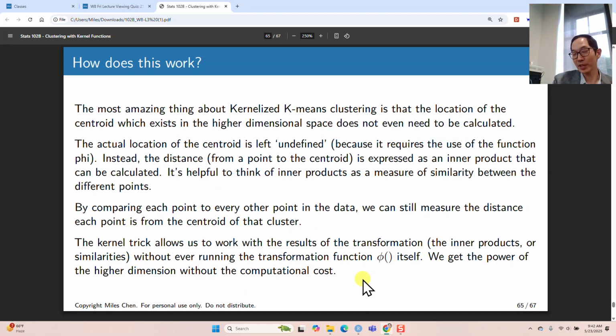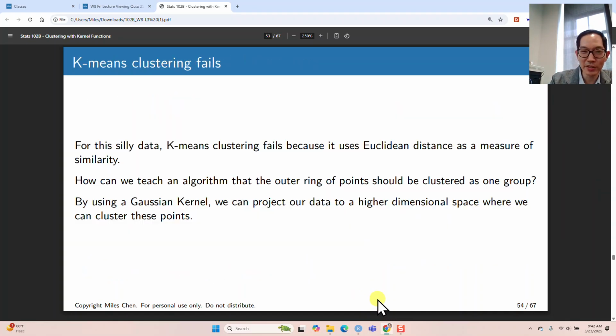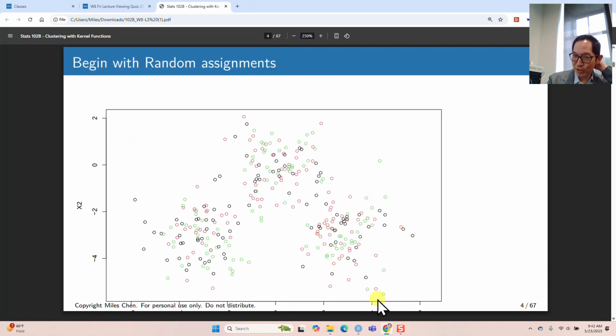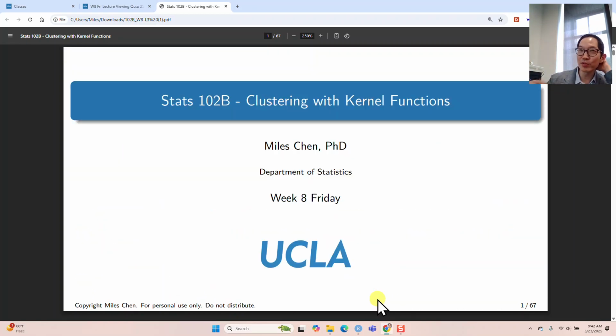Okay, that's it for today's lecture regarding kernelized k-means clustering. It's still this iterative process of reassigning points to different clusters, but now there's no recalculation of the centroids.